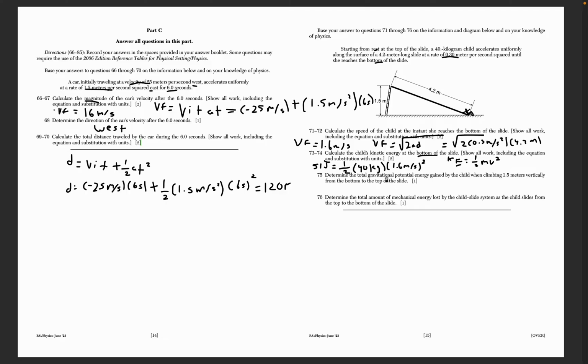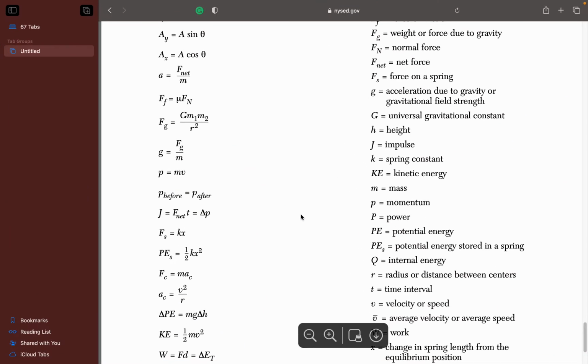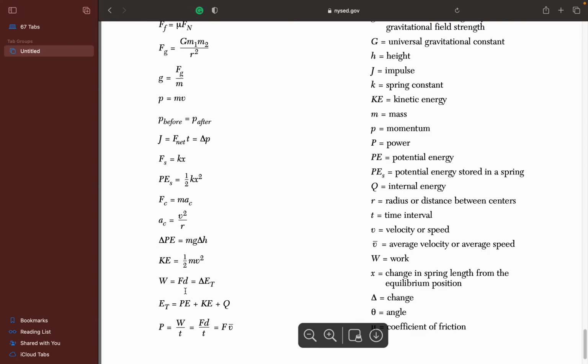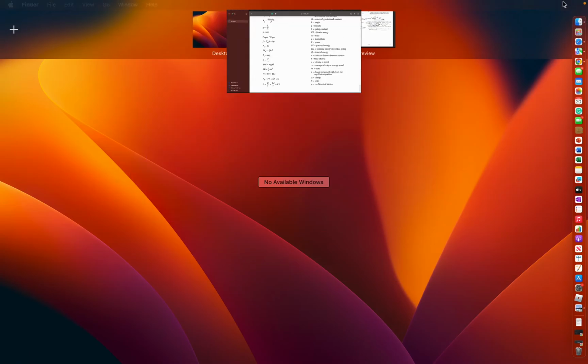Okay. Determine the total gravitational potential energy gained by the child when climbing 1.5 meters vertically from the bottom to the top. Okay, yes. So the gravitational potential energy formula is right here: mg delta h.